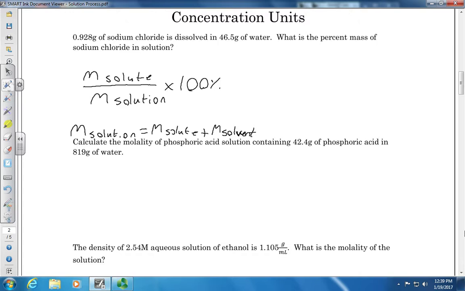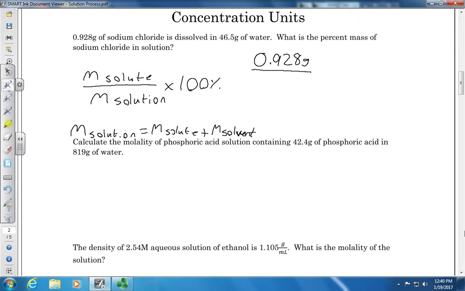So in this case, we're given the mass of the solute, which is 0.928 grams, and we're given the mass of the solvent and the mass of the solute.